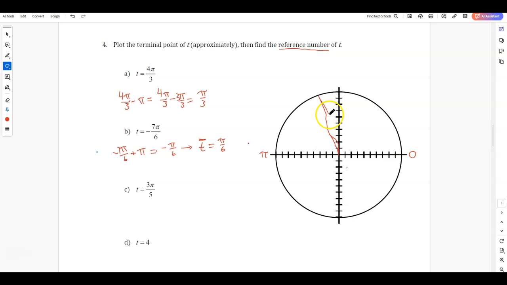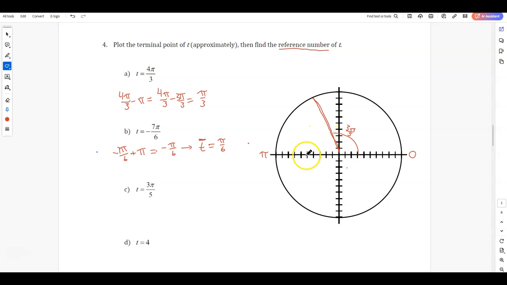That is a terrible line, but I'm going to try that again. All right, so we're somewhere like right in here, and that angle, right, will go from that 0 over to that 3 pi over 5, right? So that's 3 pi over 5 right there.